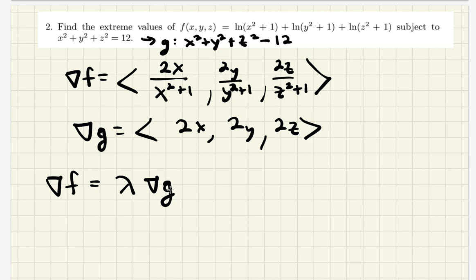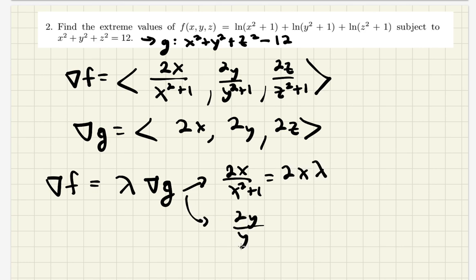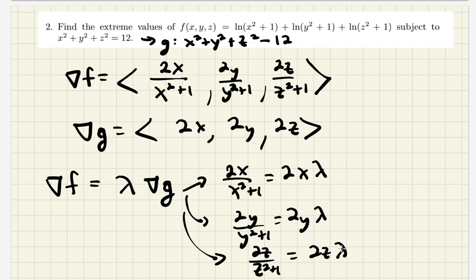And so this leads to 3 separate equations. On the one hand, 2x over x squared plus 1 should be 2x lambda, and the same for y, same for z. Now we have to be careful.